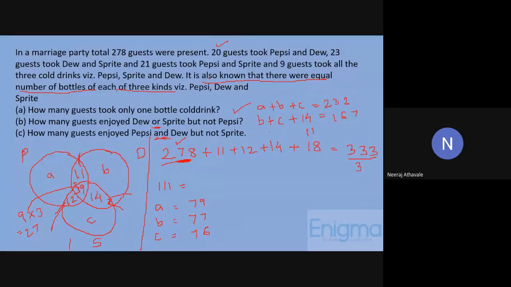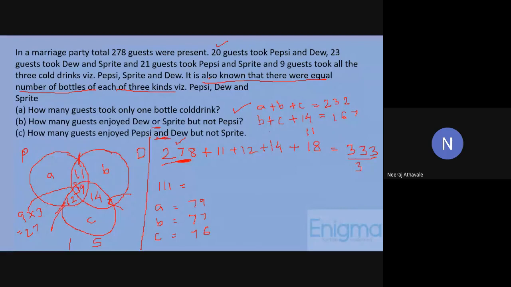Okay. So now we will move on to today's actual topic, which is data interpretation. Data interpretation is most of the time a subtopic in logical reasoning. You will be given data and you have to solve based on the data which is given.